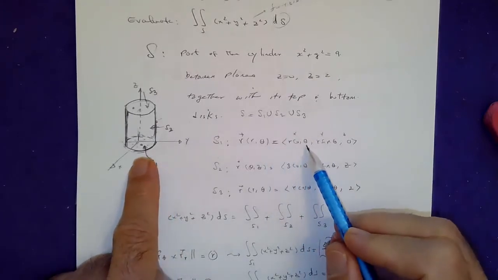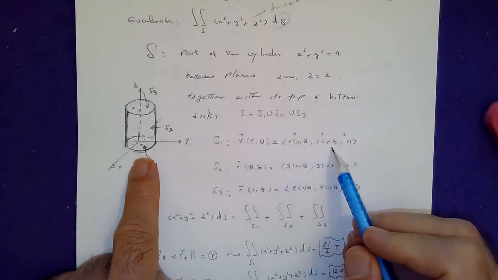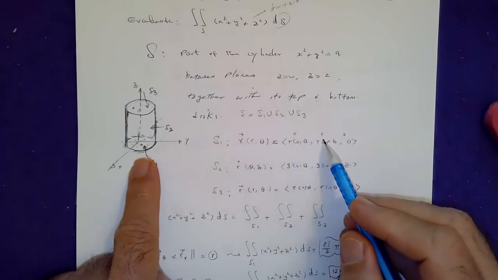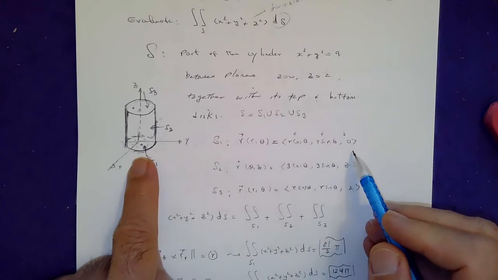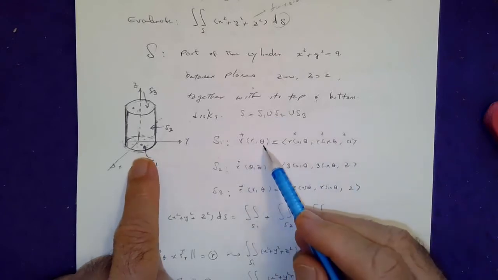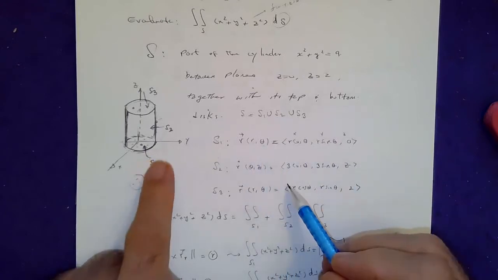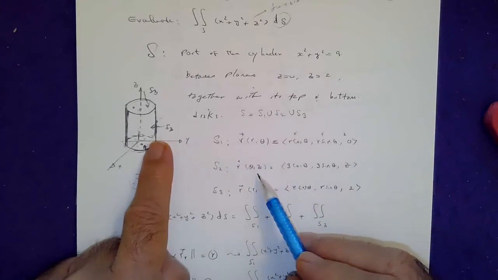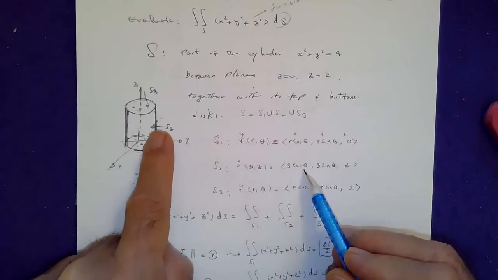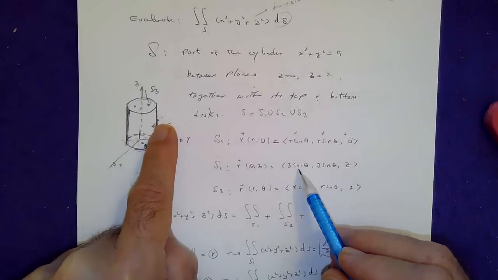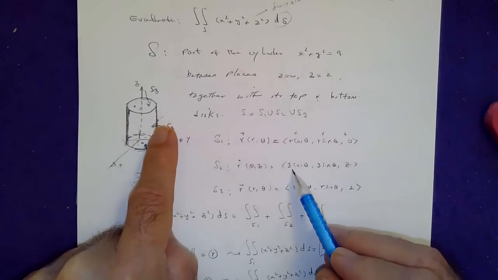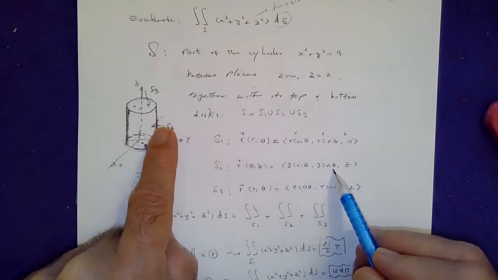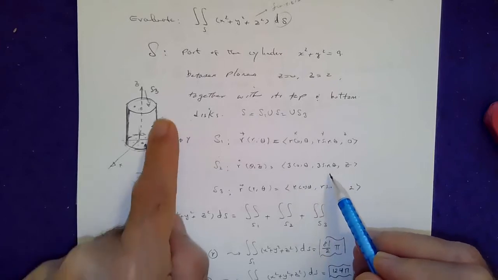The bottom is r cosine theta, r sine theta, that is your x, that's your y, but z is 0 because you are at the bottom. Notice my parameters are r and theta. For the sides, I took 3 cosine theta because you are on the sides, so the radius is fixed. So 3 cosine theta, 3 sine theta, and z is not fixed.